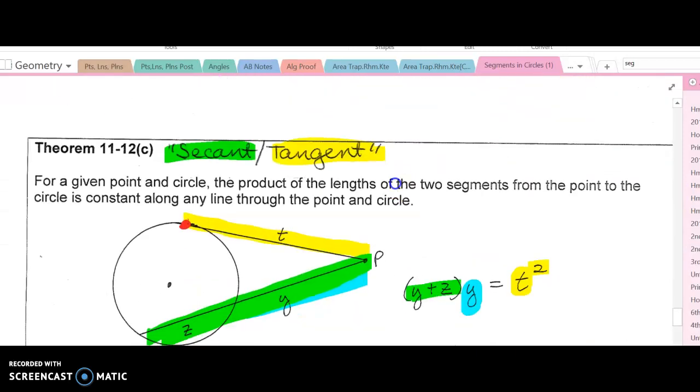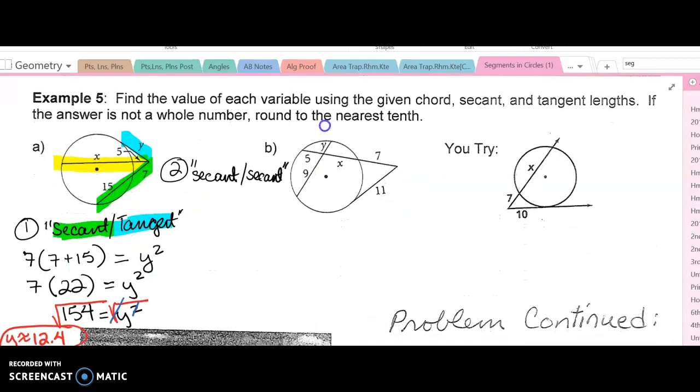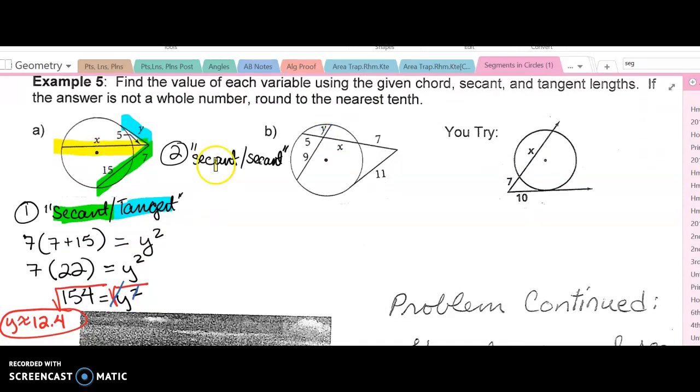So I was thinking if I used the green line and the yellow line as my two secants, that I could solve for x that way, because I have all my numbers on the green line and only one piece I don't know on the yellow one. So the yellow secant would be the part outside times the whole thing, which is 5 times 5 plus x. And then the green would be the part outside times the whole thing, 7 plus 15.